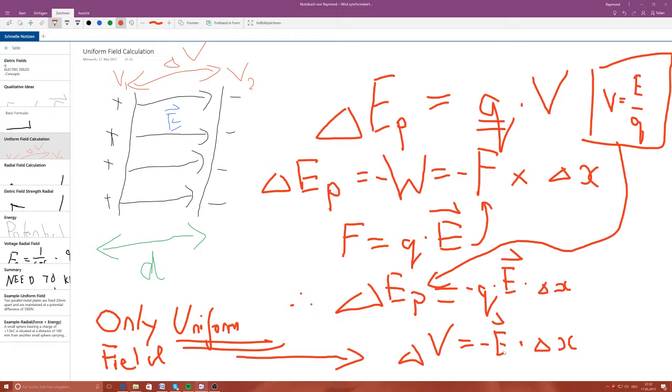And of course you can rearrange this as you please to answer any question about the uniform field. But do remember that this equation is only applicable to uniform fields, not to any other type of electric field.